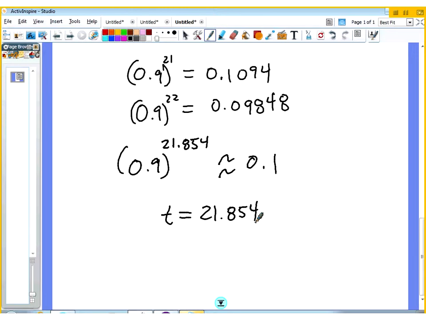Okay, the next problem that I'm going to work through is page 158, number 22.